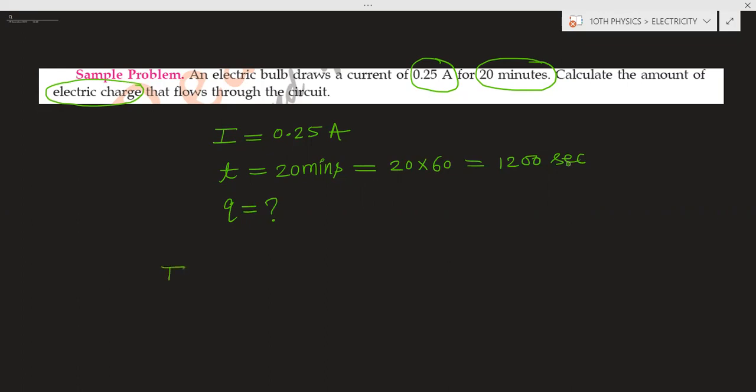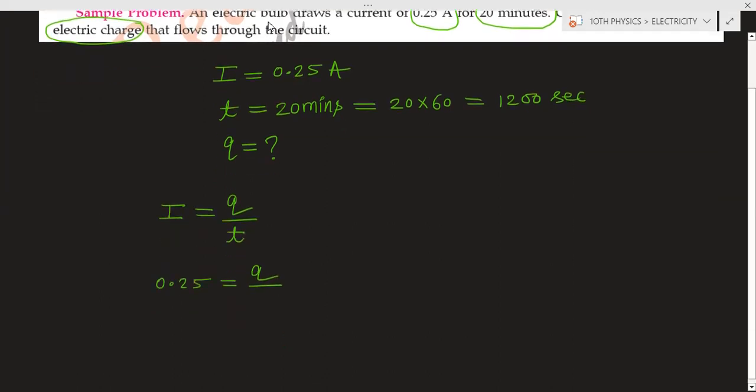Apply this formula. Current is equal to charge divided by time. The value of the current is 0.25. The value of the charge you have to find, and time is 1200 seconds. So the value of the charge will be 0.25, and 0.25 means 1 by 4.